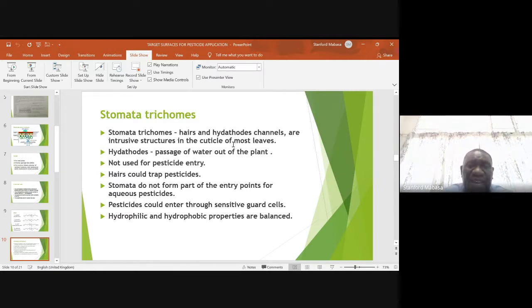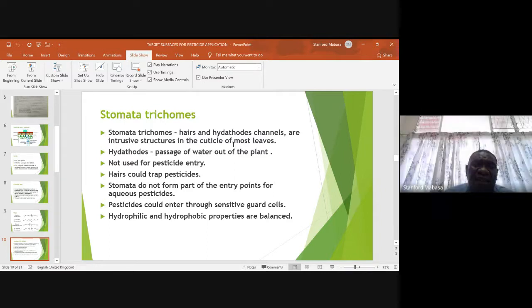So you may have the hydrophobic part on the outer layers and the hydrophilic part towards the inside of the plant. When traversing the cuticle, you start with the hydrophobic regions, then you end up in the hydrophilic areas. If you are putting water, at first it's difficult for water to pass through the cuticle, but as you go deeper, water can easily pass through.